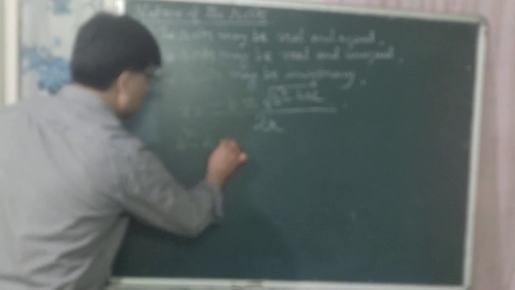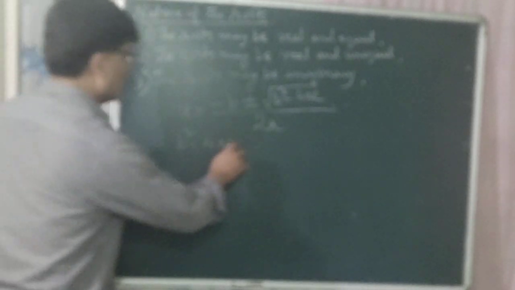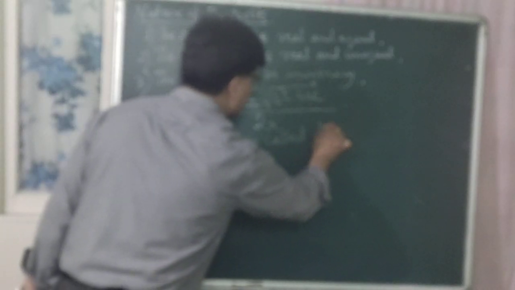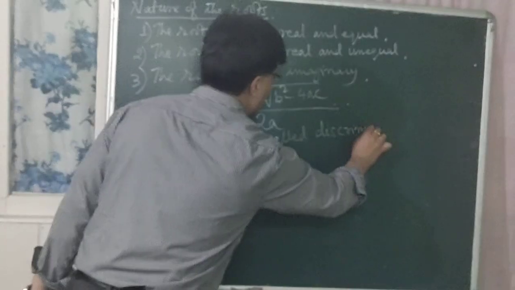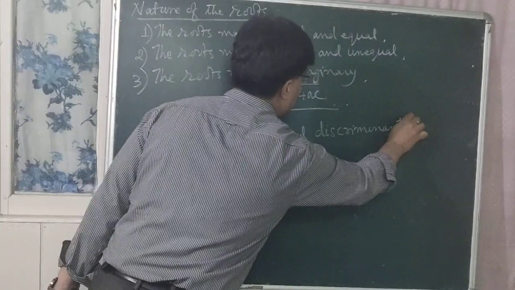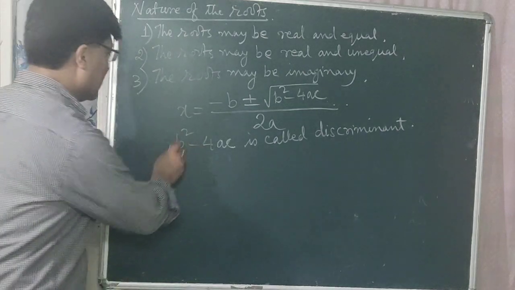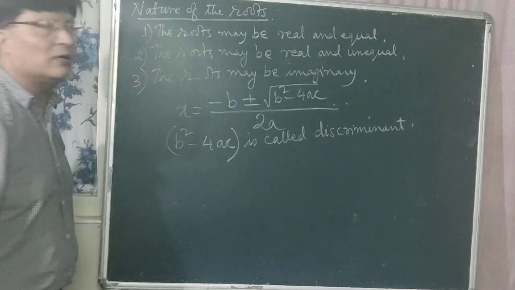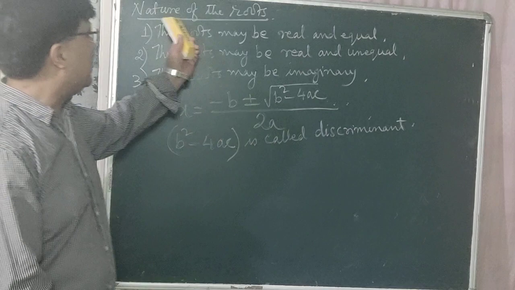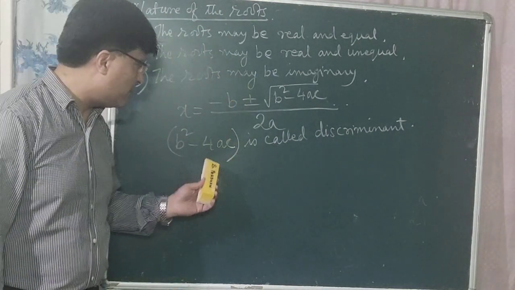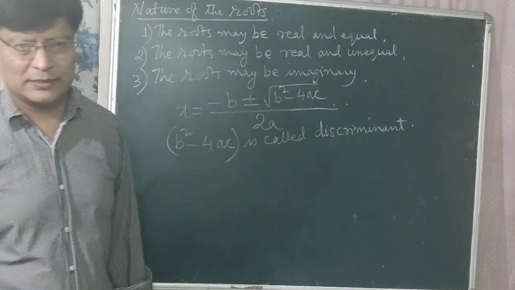That is, the expression on the square root, b square minus 4ac, is called discriminant. This expression is called discriminant, and the nature of the roots depends upon this discriminant.